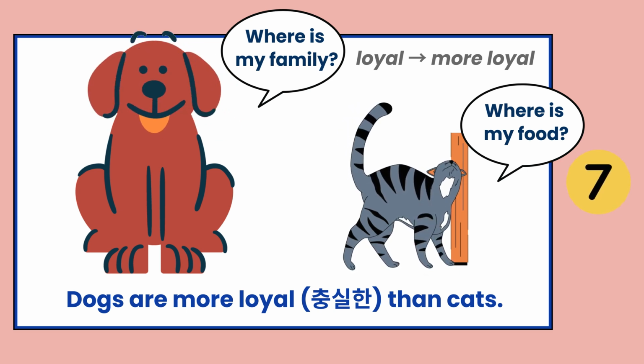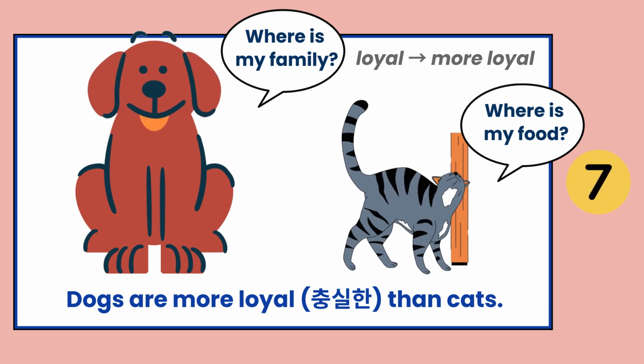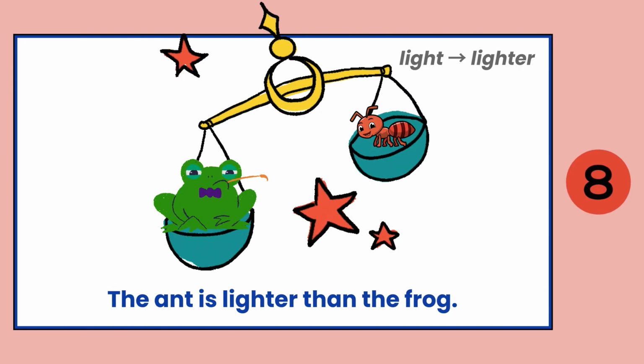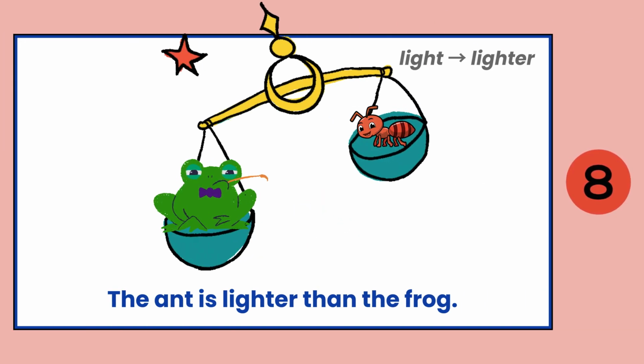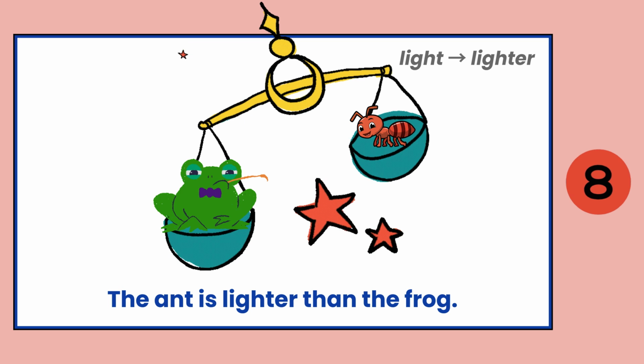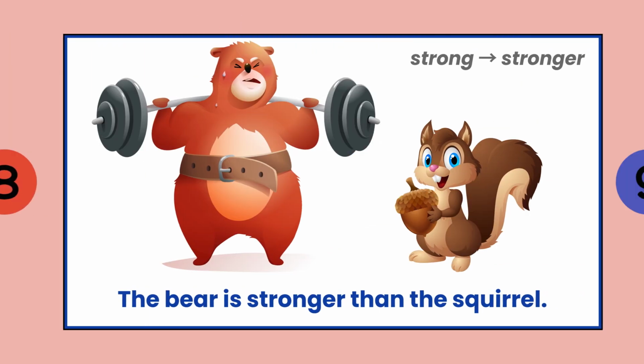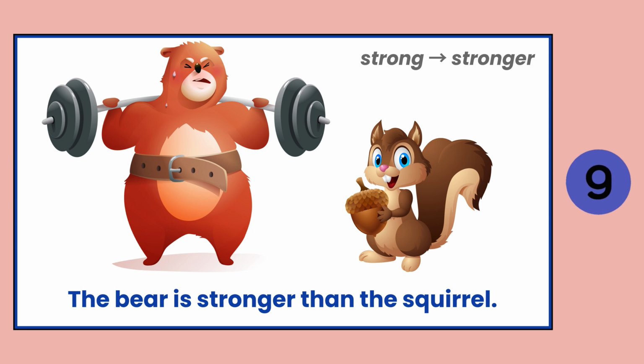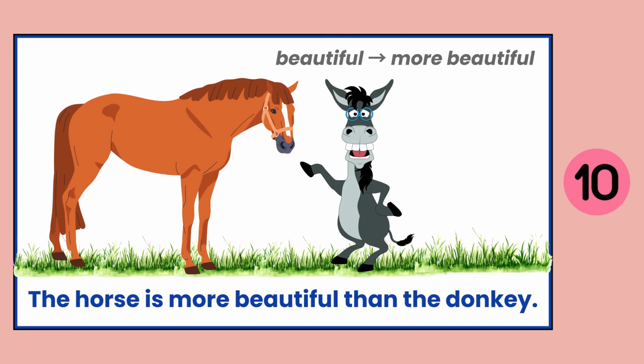The ant is lighter than the frog. The bear is stronger than the squirrel. The horse is more beautiful than the donkey.